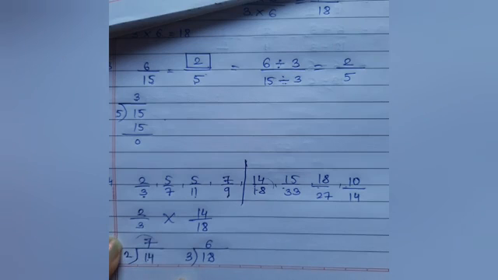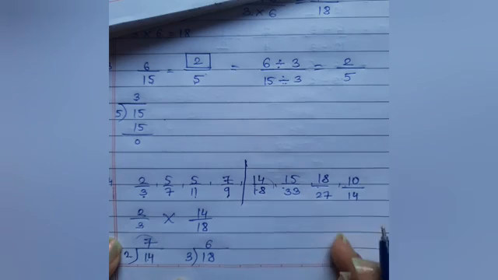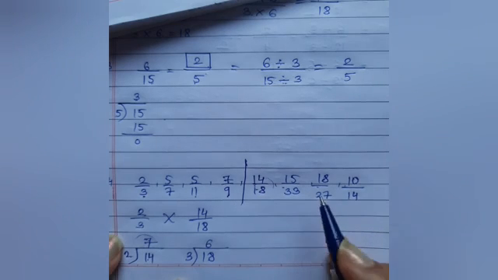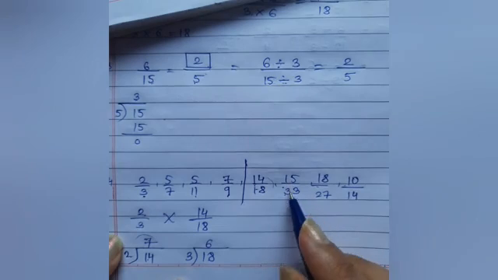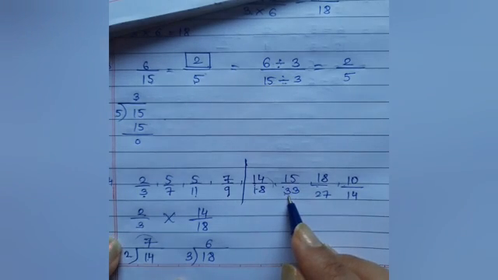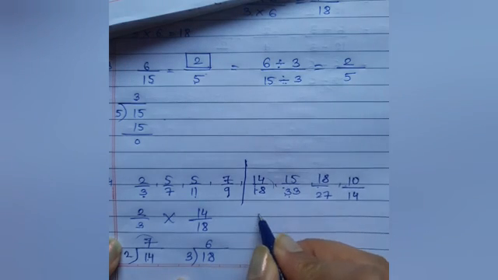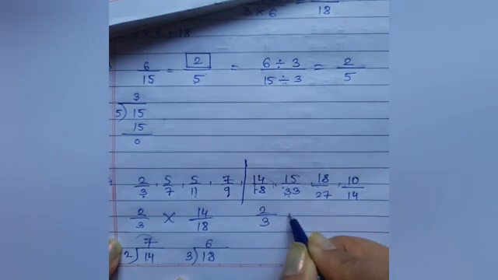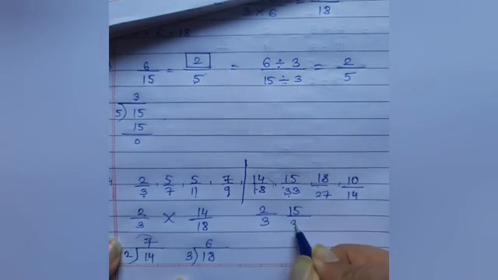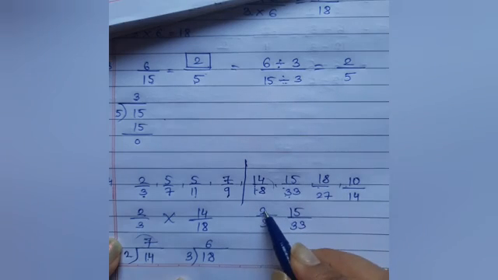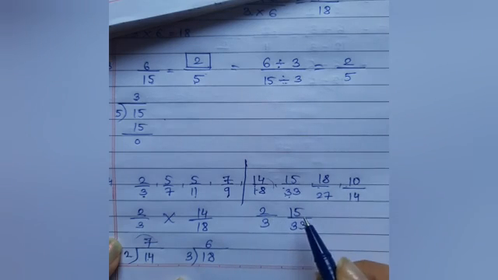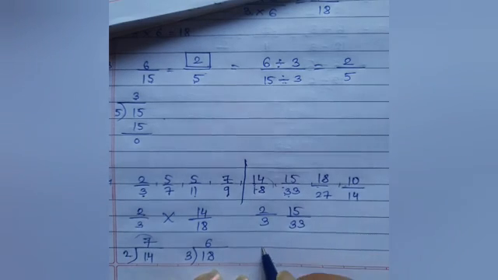Now we will try another fraction, that is 15 upon 33. Considering this fraction, we will divide the equivalent fraction by the given fraction, that is 15 divided by 2.